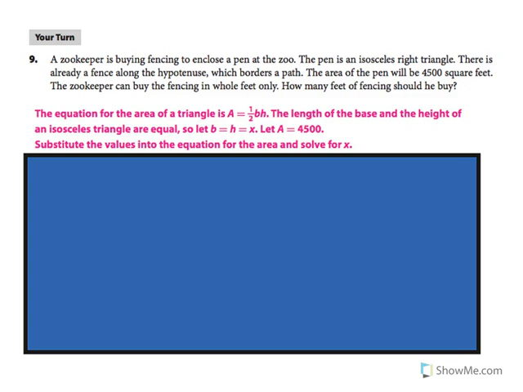Okay, so first draw an isosceles right triangle. So let's say we have something like this. Isosceles means that these two sides are the same, so we can call this the base and that the height. The area of a triangle is always 1/2 base times height.